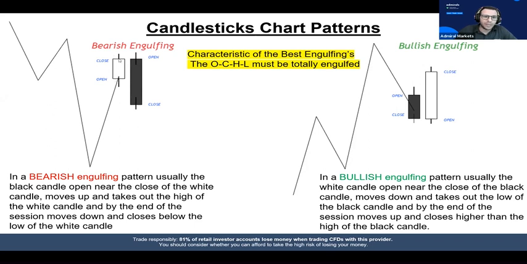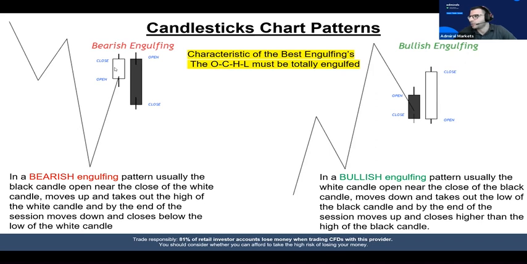The white candle here has an upper and lower tail, small tails. It has the open at this level and the close at that level. And this is a bullish candle because the close is higher than the open, and that's why the color is white.